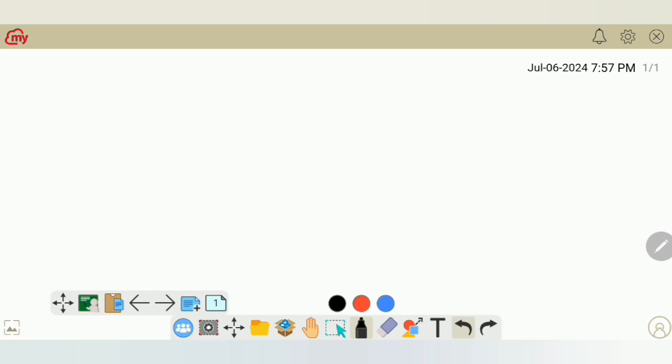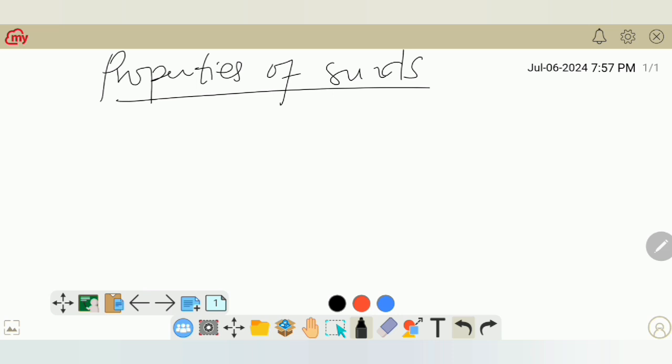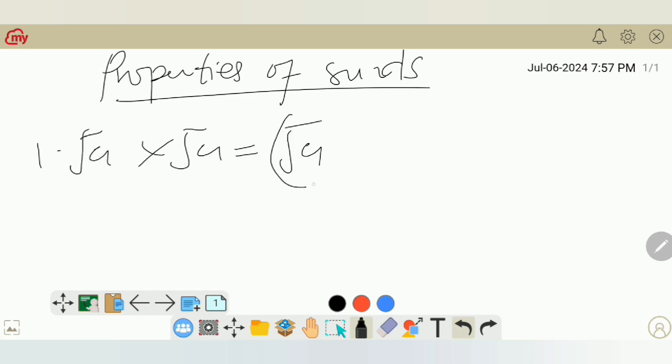So let's talk about the properties of surds. Property 1. Root of a times root of a is equal to root of a squared, which is equal to a. Hope you understand. Root of a times root of a is root of a squared, and this square cancels the square, and it is equal to a.